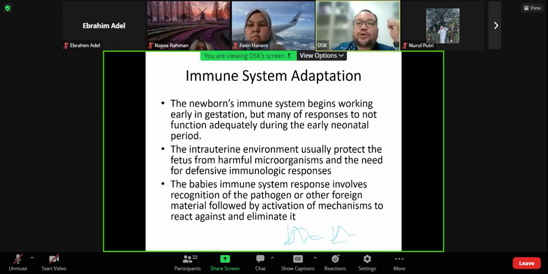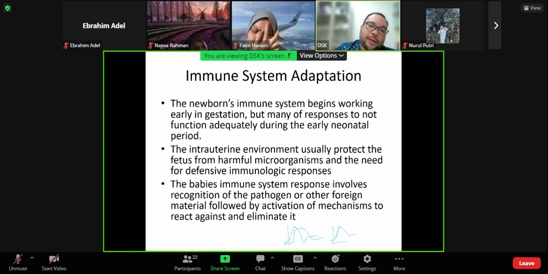Number two, the baby can also get immune system adaptation by what? By breast milk. Because studies have shown that breast milk contains IgA, secretory IgA. For example, with COVID: if a mother has COVID, COVID does not transfer from the mother into the baby by breast milk, but COVID IgA crosses from the mother into the baby by breast milk.